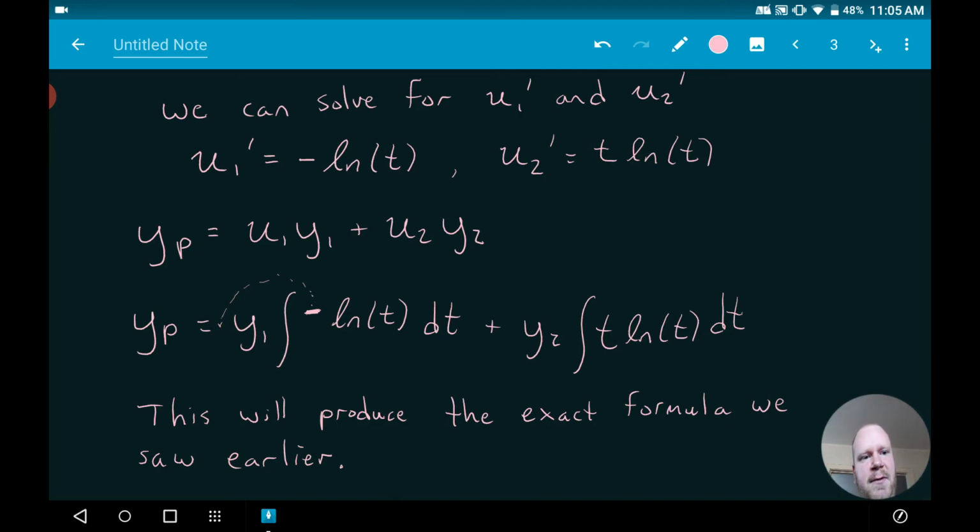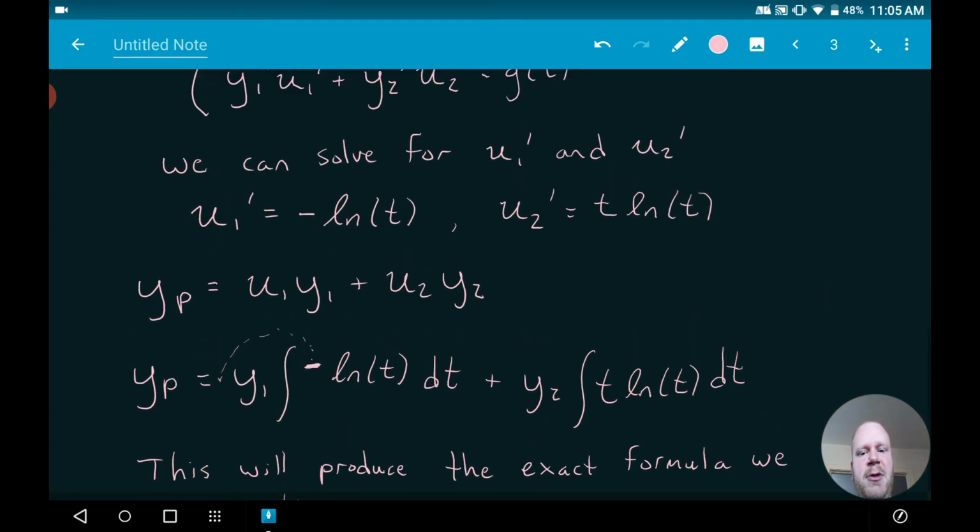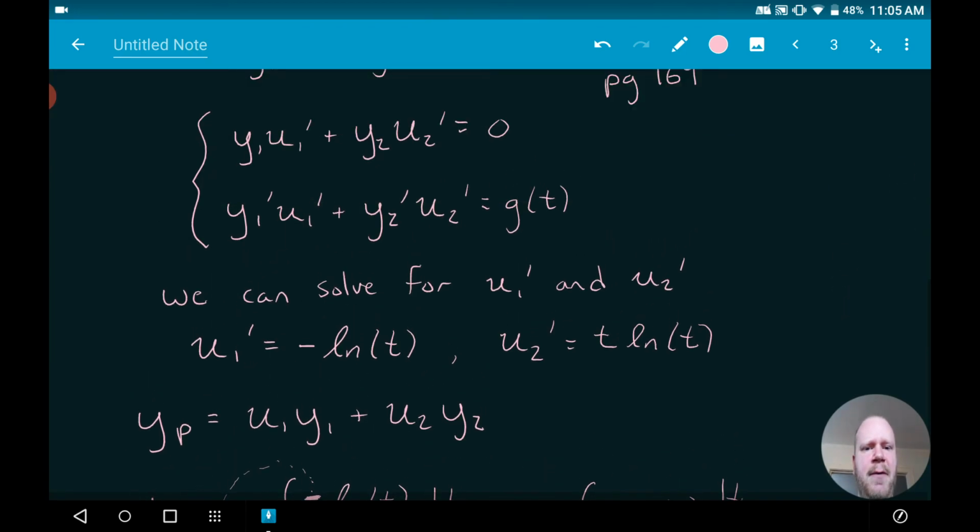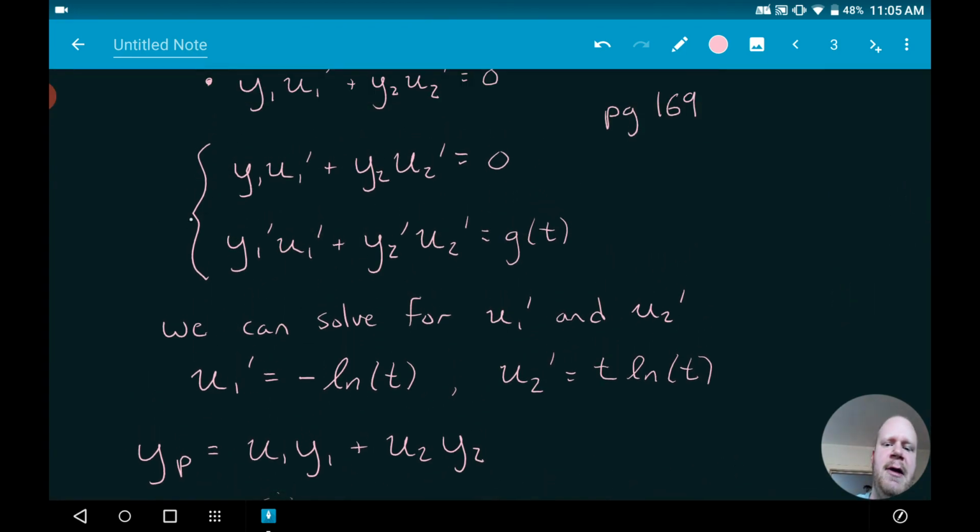I'm showing you this for a couple reasons. One is I wanted to give you a little bit of a sense that I'm not just getting this equation from nowhere. But the other reason is there may be a situation, I could certainly think of one, where solving this system of equations to find what goes in front of those integrals would be slightly easier than solving for the Wronskian.